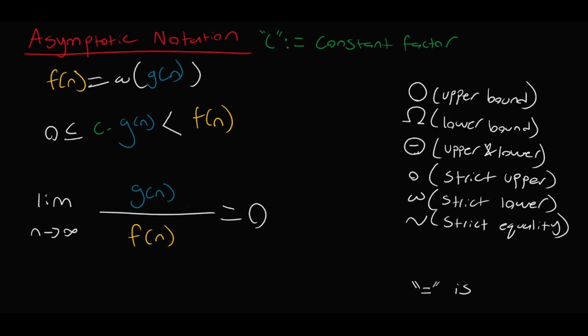Equations are supposed to explain something, and we're explaining the behavior, in concise notation, of how f of n relates to g of n within a constant factor. That's why we swapped it around. It's all notation. That is little omega, which is strictly lower than.